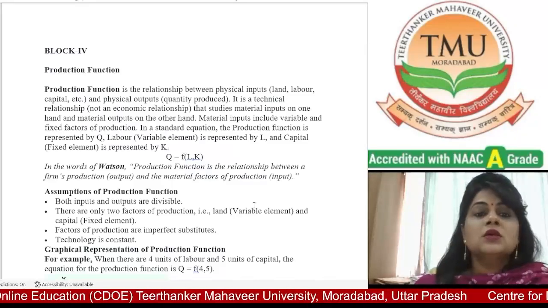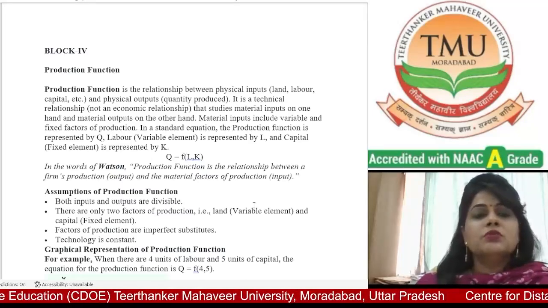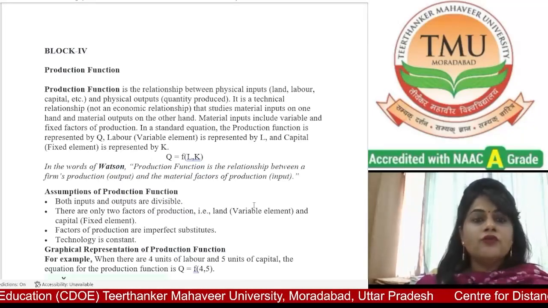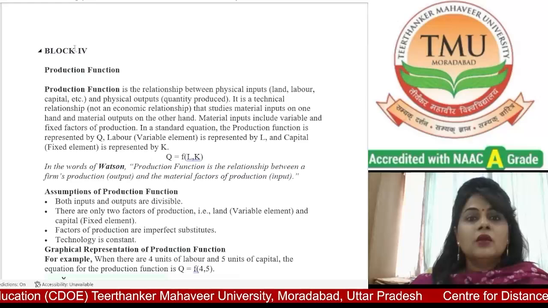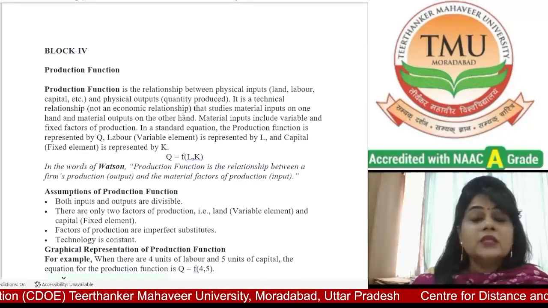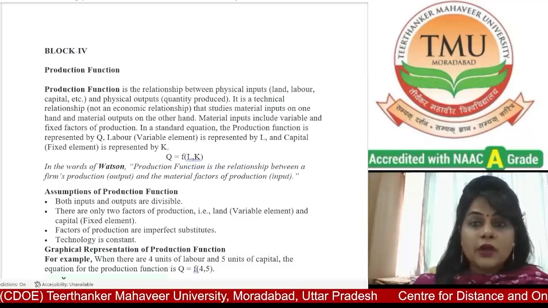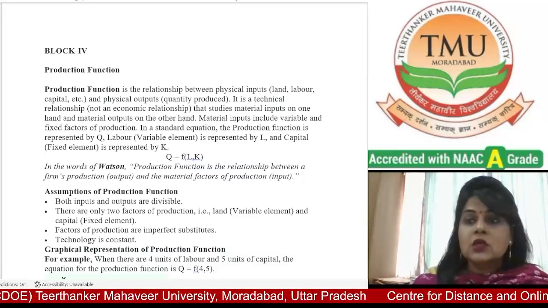It is mainly the use of inputs and physical output, meaning quantity produced. How much quantity we produce.